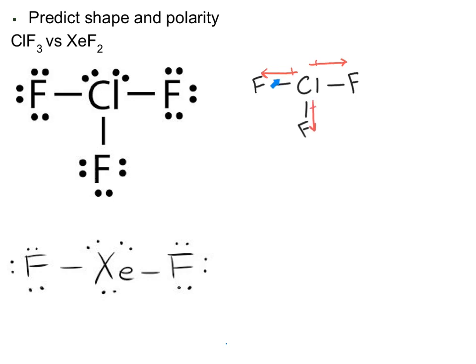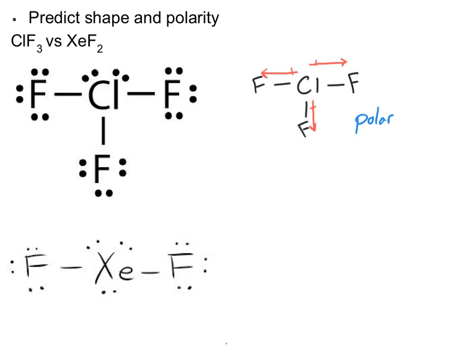And so this dipole and this dipole will cancel each other out. However, we definitely have an overall dipole from our remaining one that was not canceled out. And so this entire molecule would be considered to be a polar molecule because it does have an overall dipole.